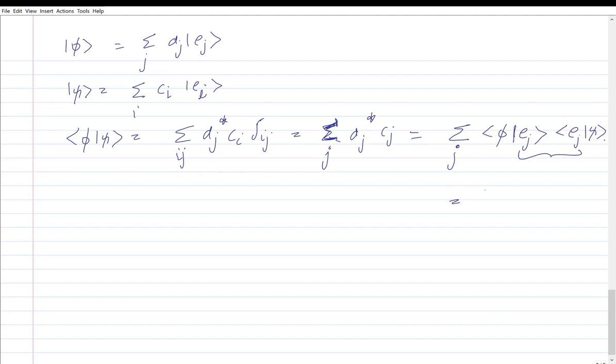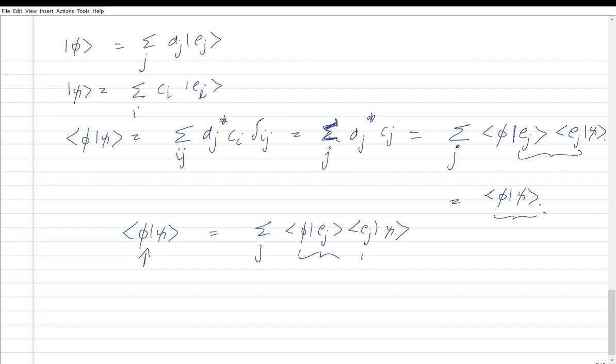That comes out to be this quantity. So you could have just started from this, inserted the identity over there, and then concluded the value of the inner product in terms of the expansion coefficients.